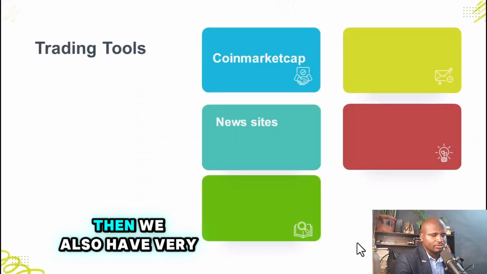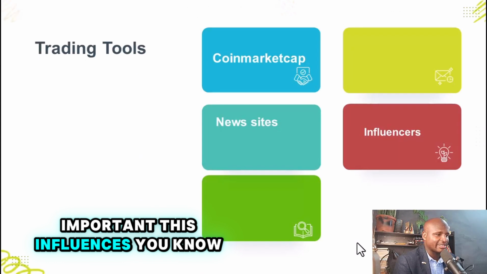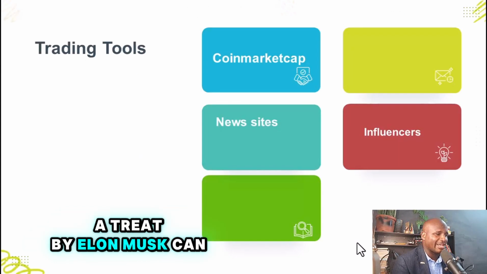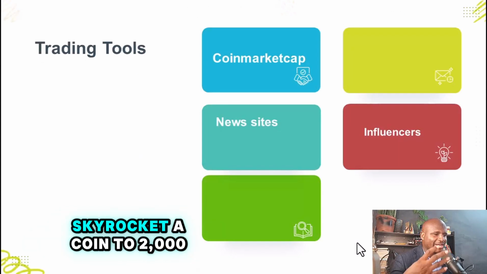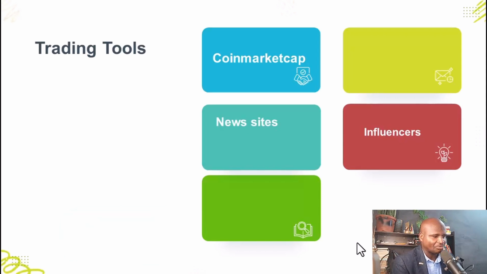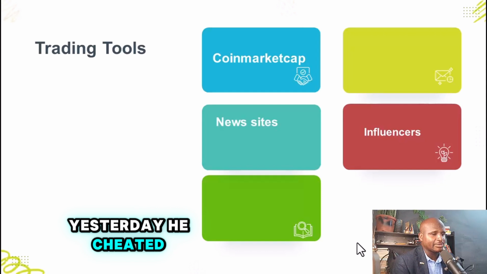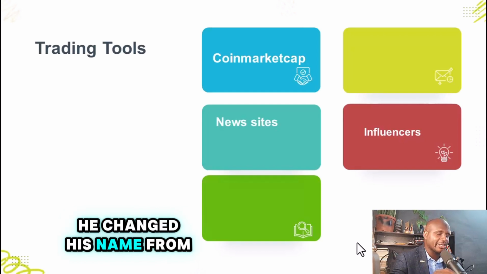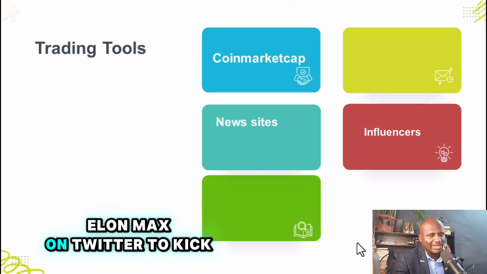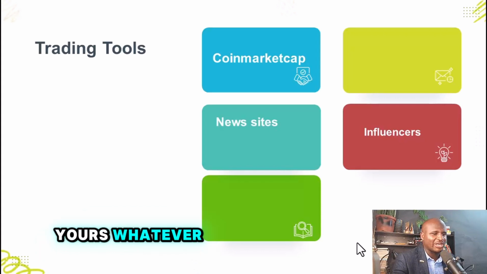Then we also have, very important, influencers. You know, a tweet by Elon Musk can skyrocket a coin to 2000x or 1000x. Yesterday, he changed his name on Twitter from Elon Musk to Kikios, whatever.